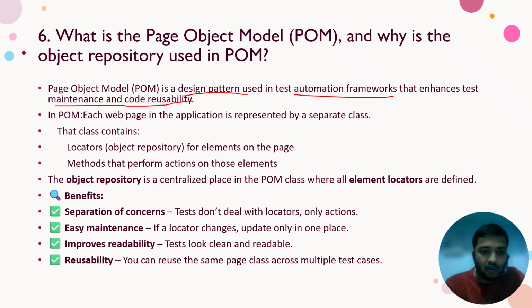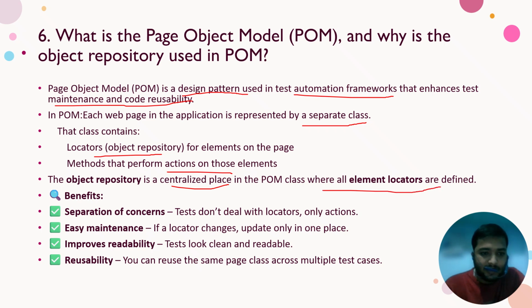In a POM, each page in the application is represented by a separate class. Those classes contain locators for elements on the page and methods that perform actions on those elements. The object repository is a centralized place in the page object model class where the element locators are defined.